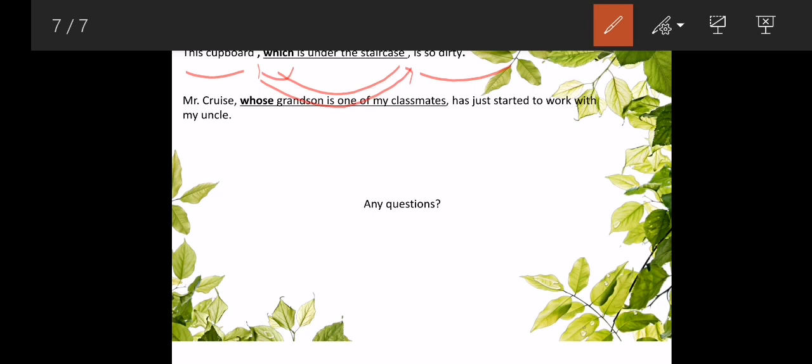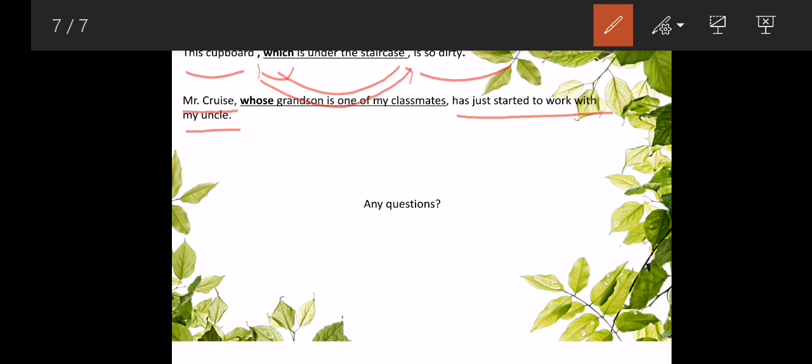And the last example: Mr. Cruz, whose grandson is one of my classmates, has just started to work with my uncle. My main sentence is, Mr. Cruz has just started to work with my uncle. I don't need any other information, actually, but I want to give some extra information here.